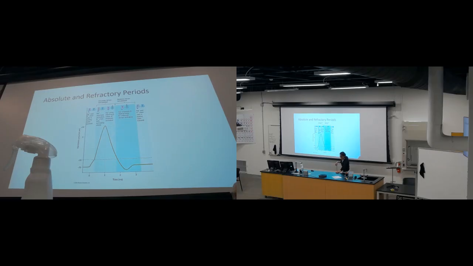So how many milliseconds are there in a second? 1,000. So if this action potential ends in 2 milliseconds, how many action potentials can you generate per second? If every 2 milliseconds you can generate an action potential, how many can you generate in 1,000 milliseconds, which is 1 second?